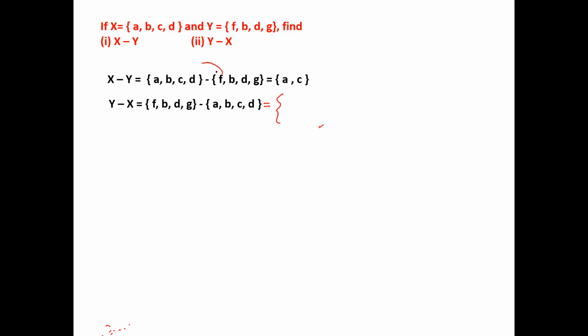F is not there, B is there, so we cancel that from X. Similarly D is here, so we cancel that. We write the remaining elements of X. In Y minus X, we remove the elements of X and write the remaining elements. So we remove B and D and write the remaining F, G, from Y. So it will not be the same.